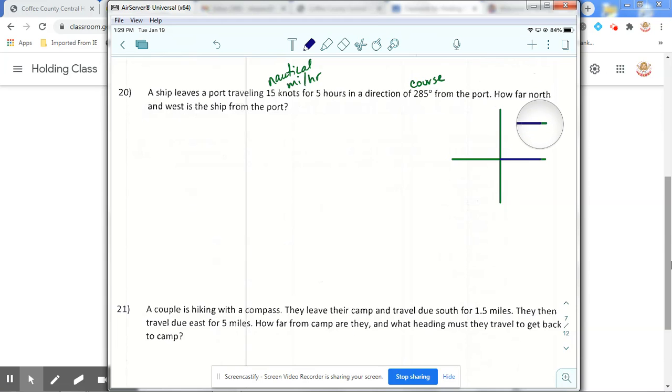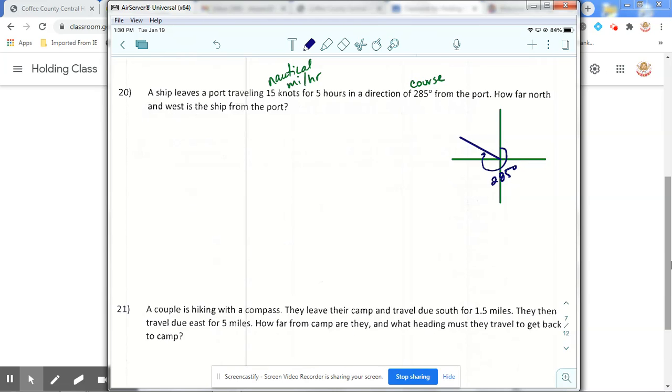So that should be 90 degrees. That's 180. That's 270, so 285 degrees. It's a little bit more. Okay, so we know that this angle is 285 degrees.